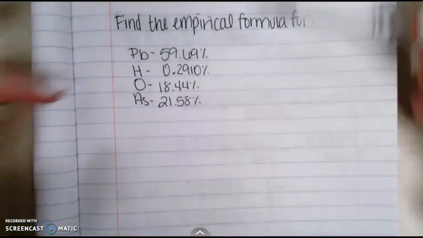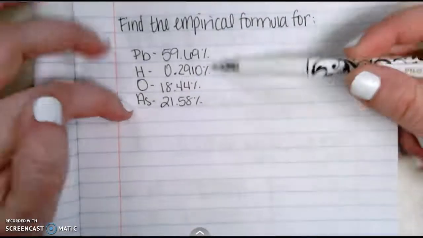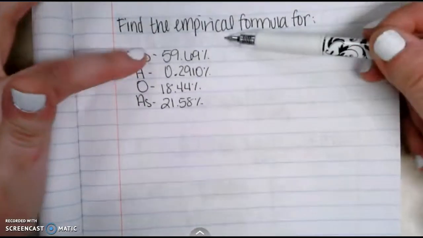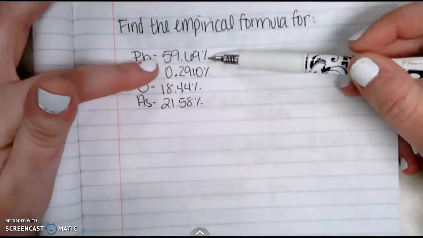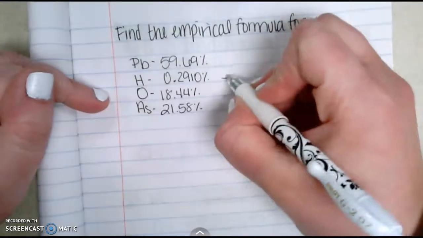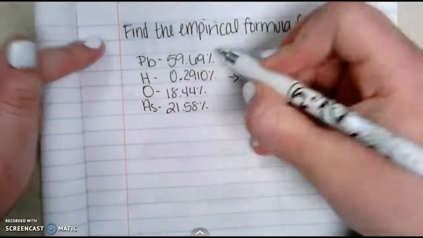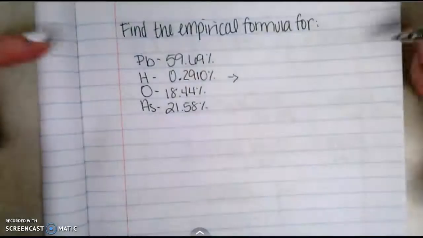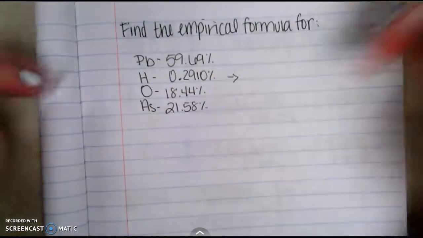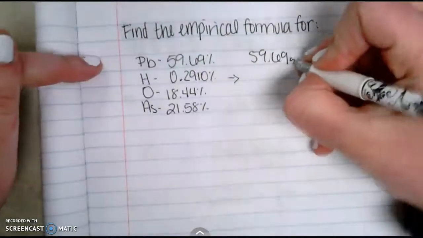Well, if we have these as a percentage, that means that if I have 100% of a thing, 59.69% is going to be lead. So I'm just going to cheat this a little bit: if I have 100 grams, that means that I have 59.69 grams.